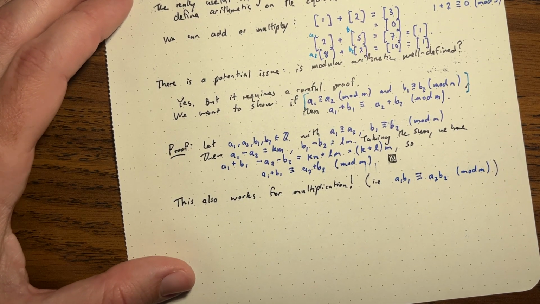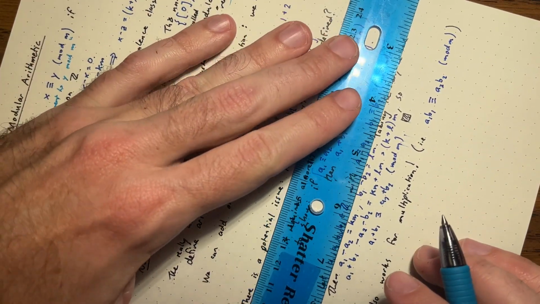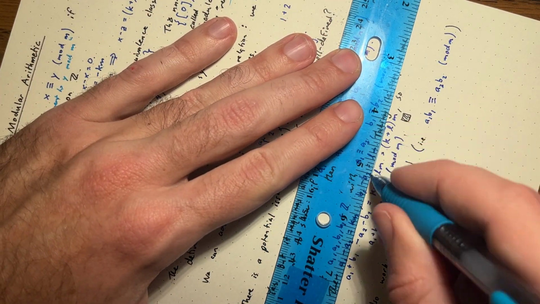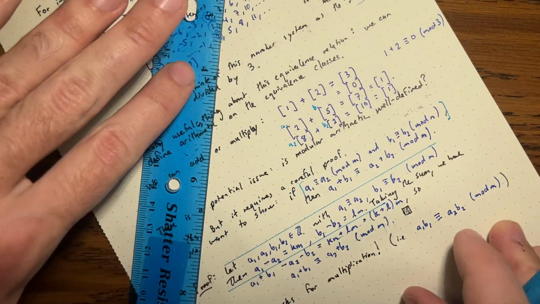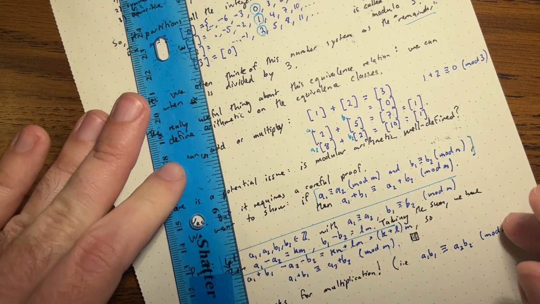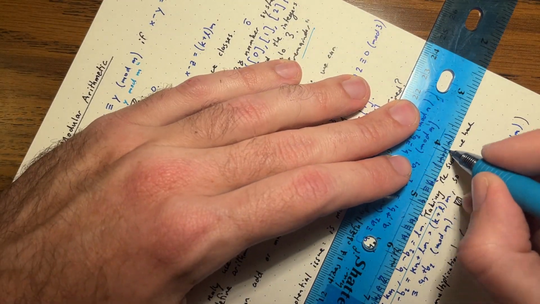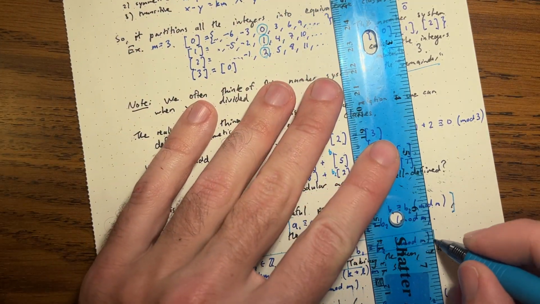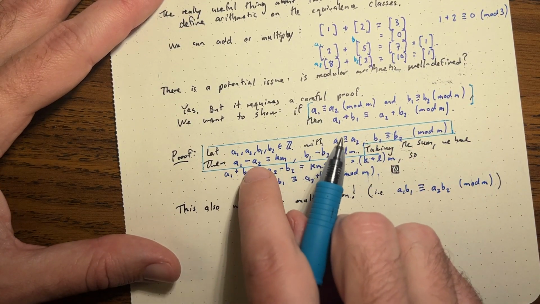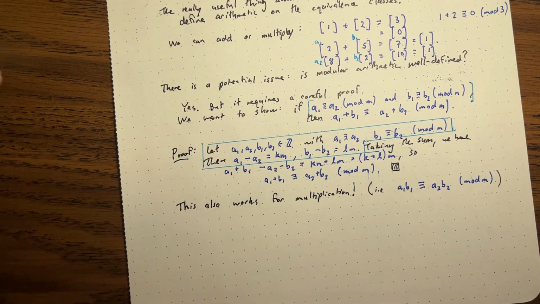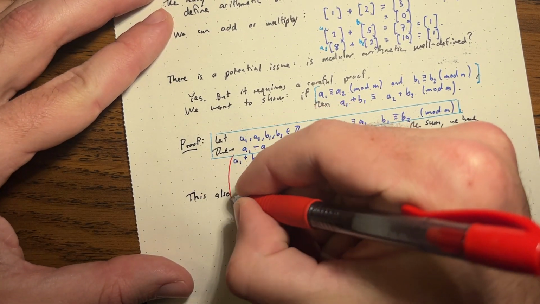Can I box this part of the proof and avoid writing this all out again? This part here I'm just going to copy verbatim. I'm going to take A1 is congruent to A2, B1 is congruent to B2. That means this, right? So let's start there. That'll be our starting point.